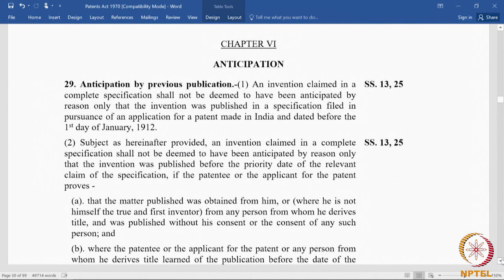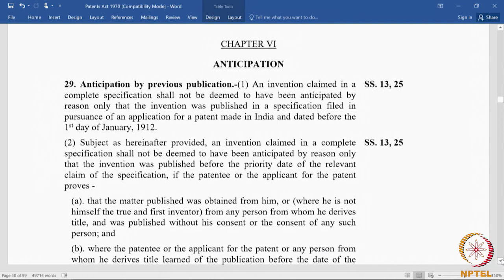In the first 2 cases, prior publication and prior claiming, anticipation can be proved by comparing documents, but when it involves prior use and prior knowledge or public use and public knowledge in India, then it can be done by taking or letting in evidence. So, it need not be a mapping of documents, which is the normal way in which anticipation is proved. That is the third category, anticipation by public use or public knowledge.